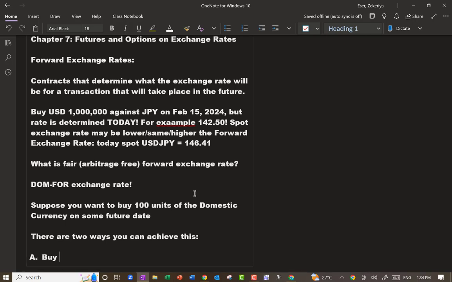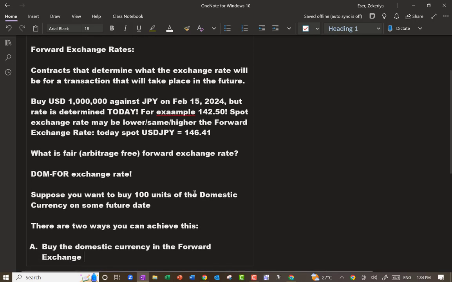A, buy the domestic currency in the forward exchange rate market, whatever the rate is.